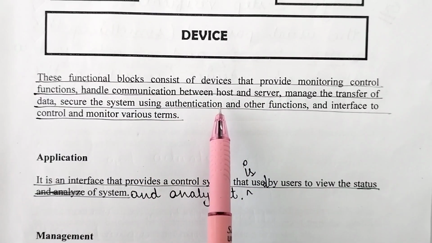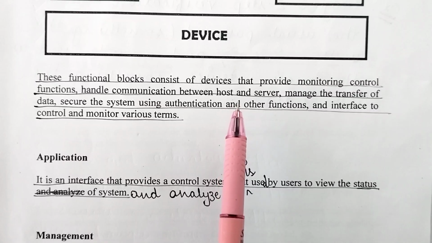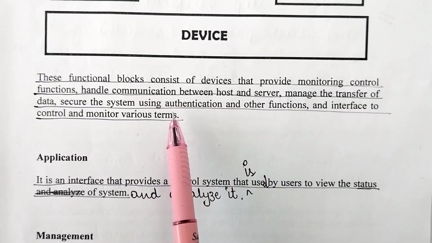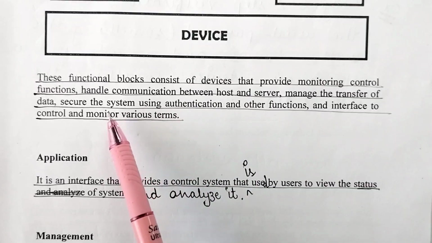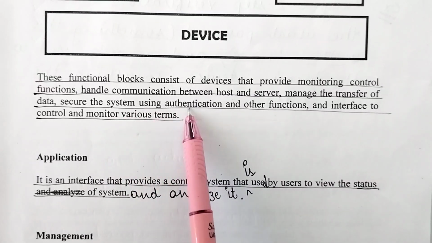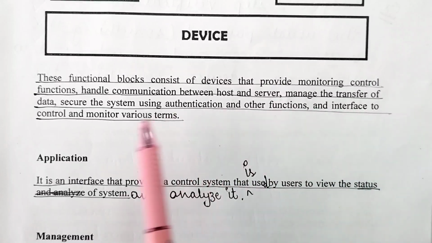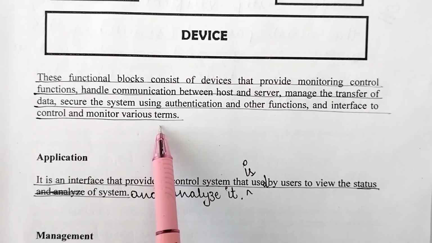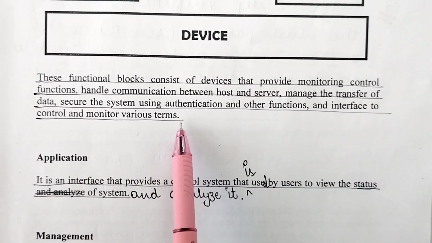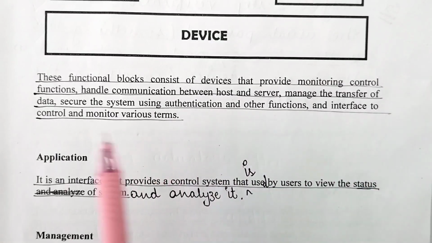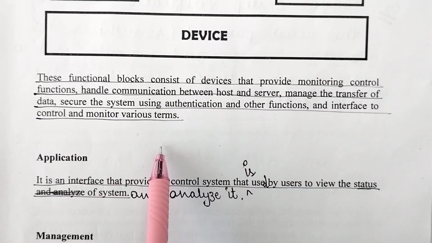When the data is being transferred, it is important to ensure that no third party intruder hacks the data. So, you have to secure the system using some authentication mechanism and other functions, and also provide an interface to control and monitor various terms.